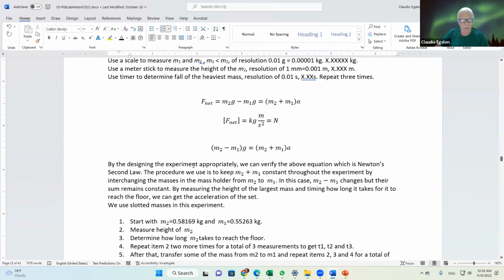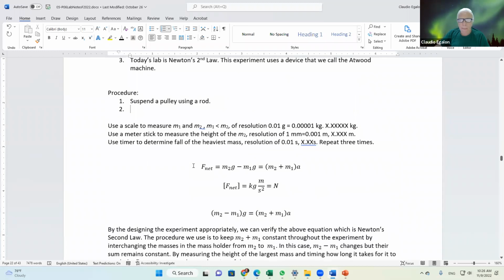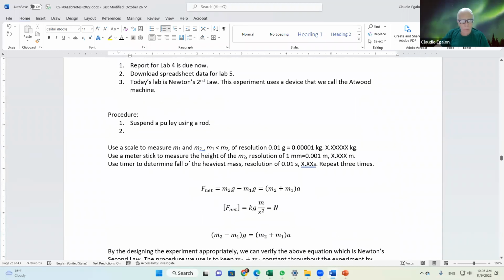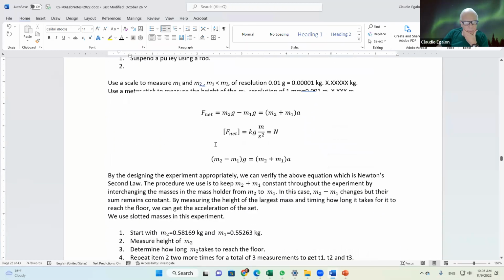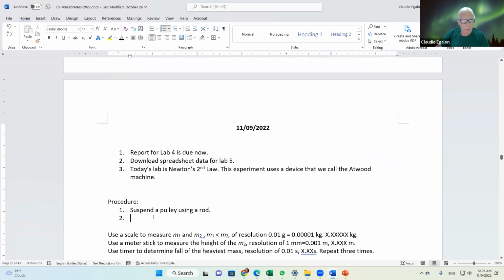Connect two masses. Let's continue here. You suspend the pulley using a rod.